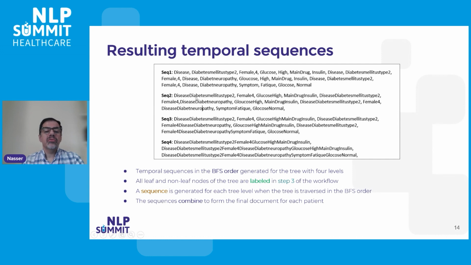Then sequence 2 combines the labels to relabel the second level. Sequence 3 contains even longer name labels, and at the highest level we have very long labels constructed by relabeling. All of these levels of detail and all of these labels are taken into account for computing the patient similarity.